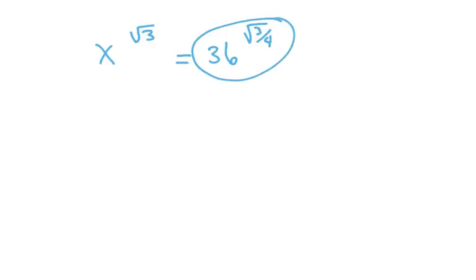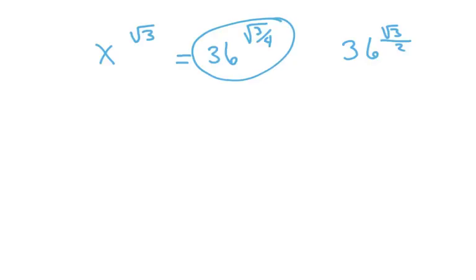Two more. Now these two are kind of hard, the last two. x to the square root of 3 equals 36 to the square root of 3 over 4. Now the first thing I notice is I can write this as 36 to the square root of 3 over 2.